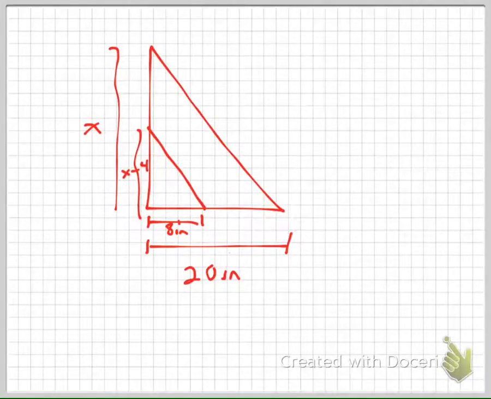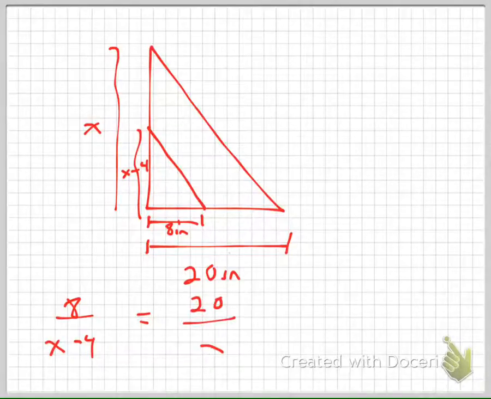Suddenly now, what would you do? Do you agree these are two similar triangles? Yes. So you have to set up the proportion. I'm not going to do the whole proportion, but the small one would be 8 over x minus 4, and the other one would be equal to 20 over x. Does that make sense? Then you cross multiply and you figure out the answer.